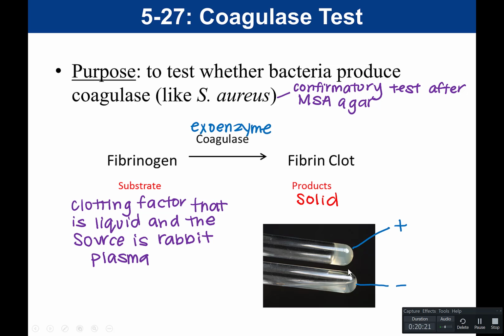So if at the end it's solid, that's positive. That's confirmatory for Staph aureus. If it is negative, that means it's coagulase negative and it's not going to be Staph aureus, or at least not a pathogenic Staph aureus because it lacks coagulase.